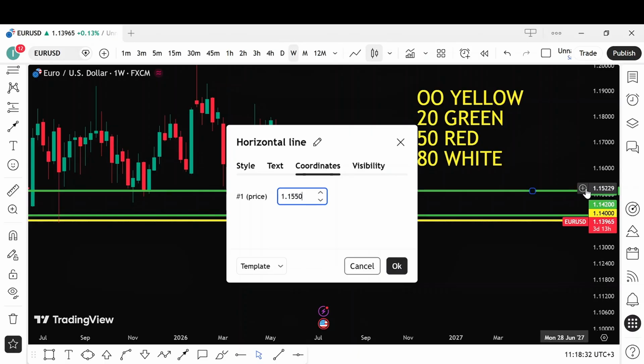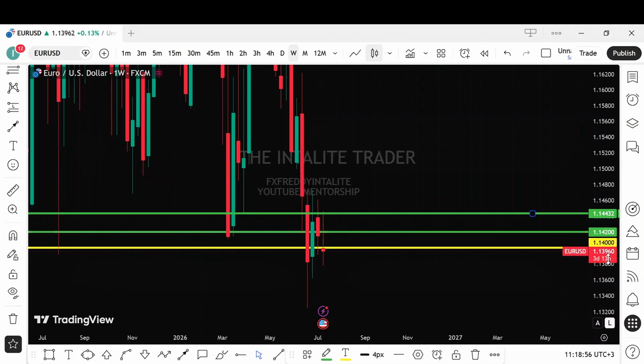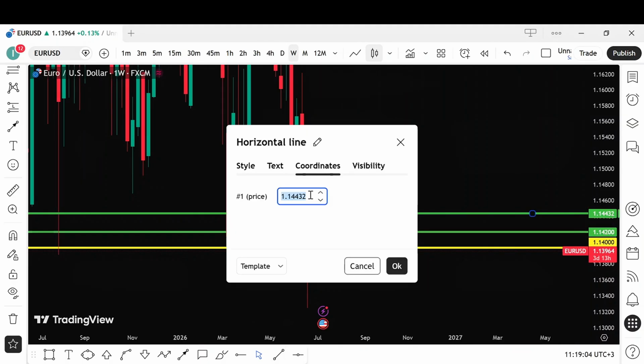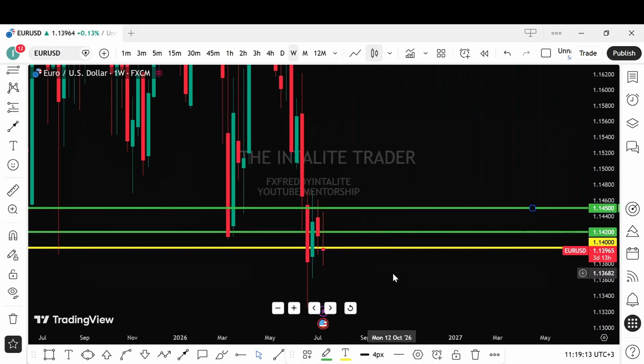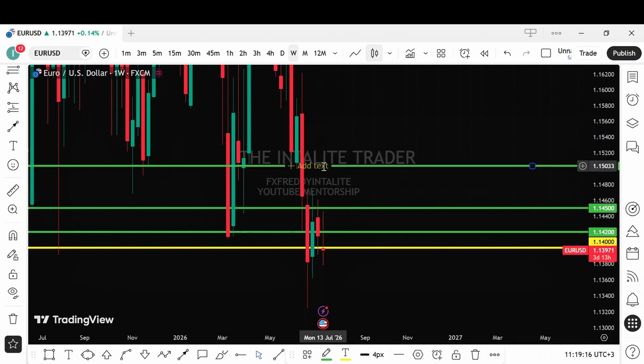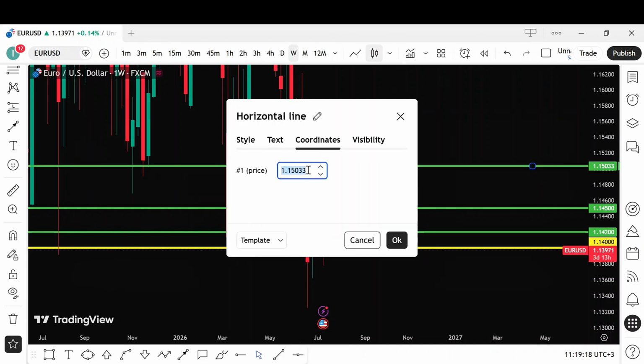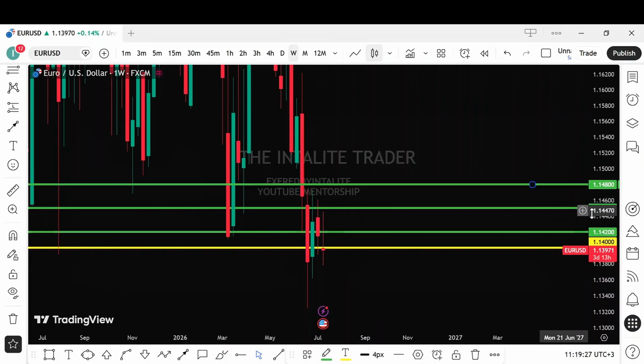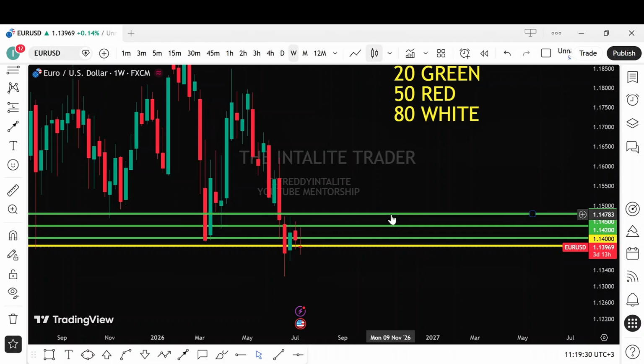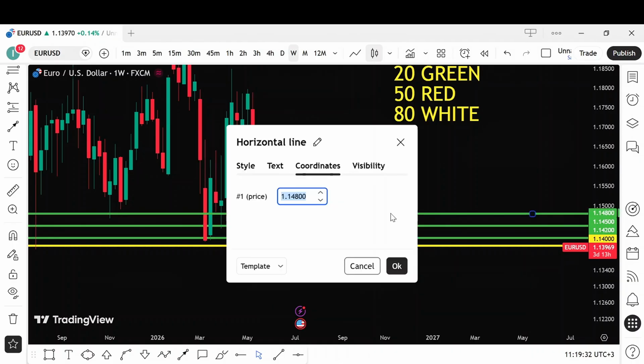Next to this level, we have 1.1480, but we said the 80 level, we give it white.